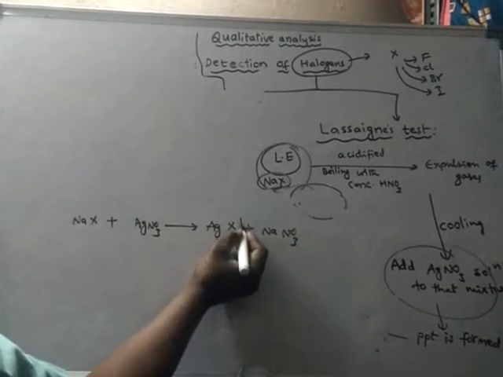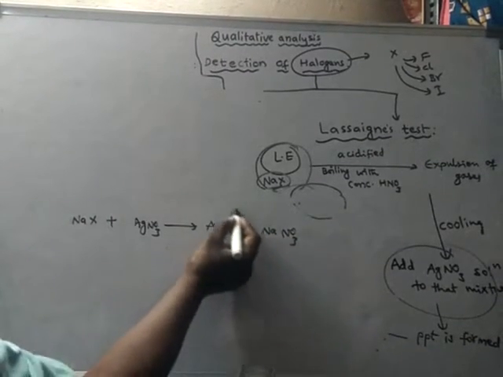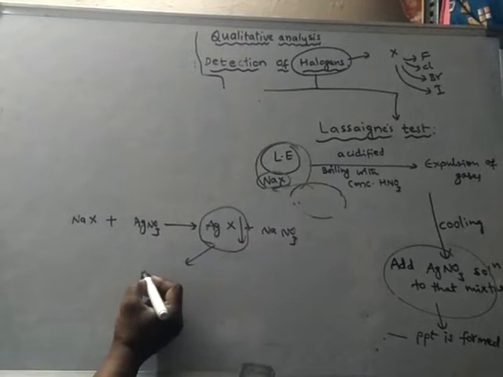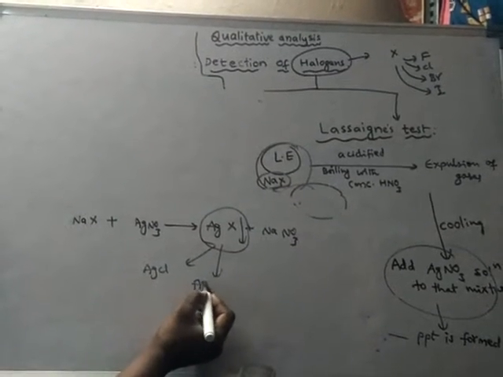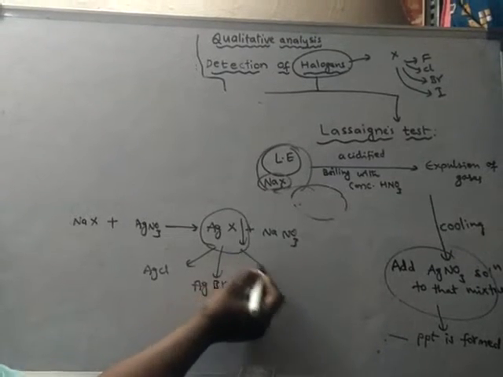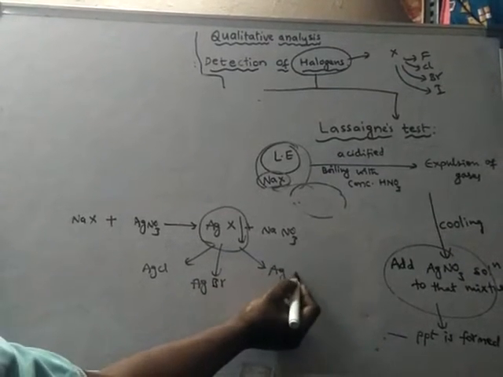This precipitate may be silver chloride, silver bromide, or silver iodide.